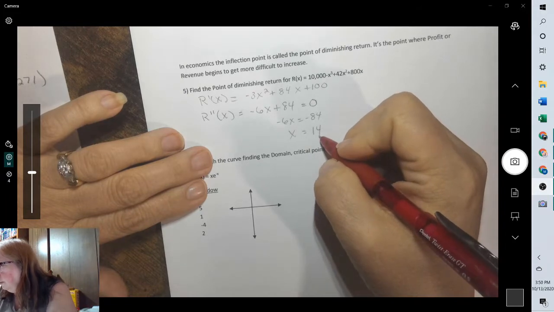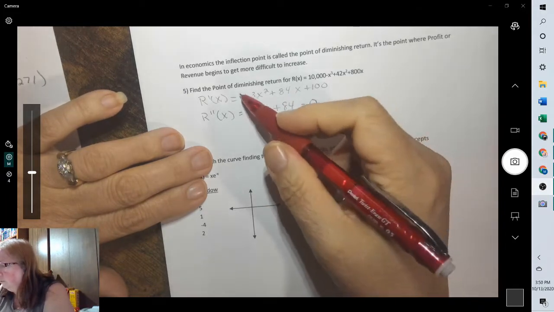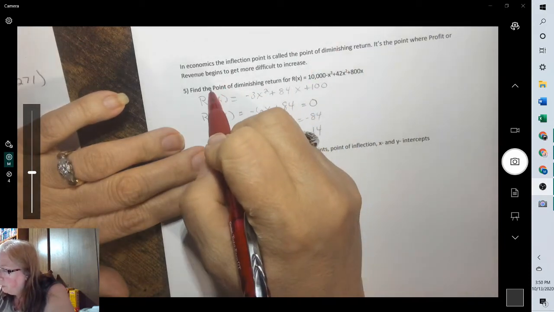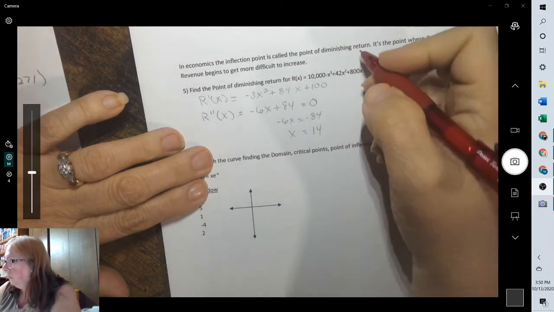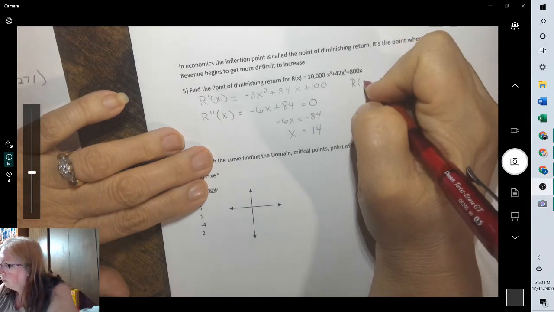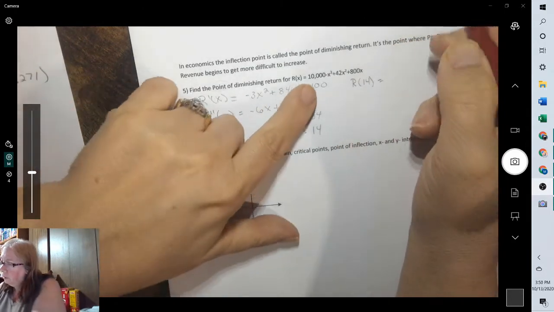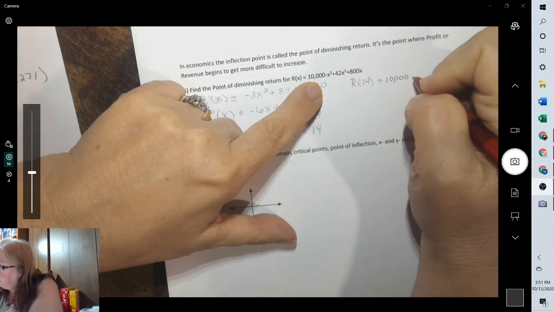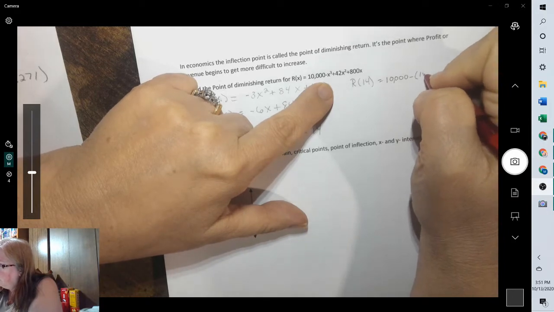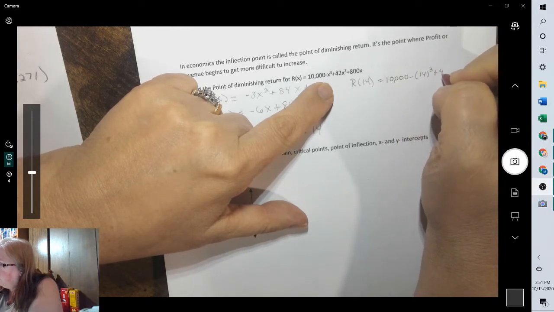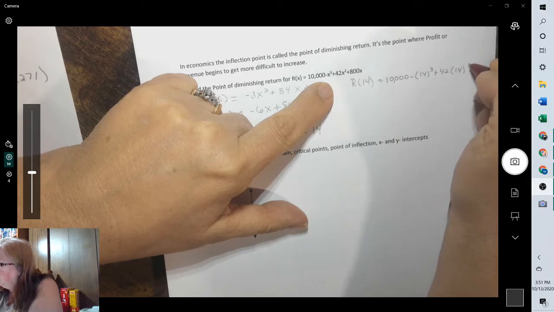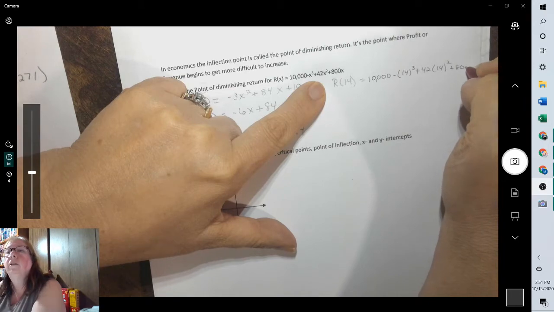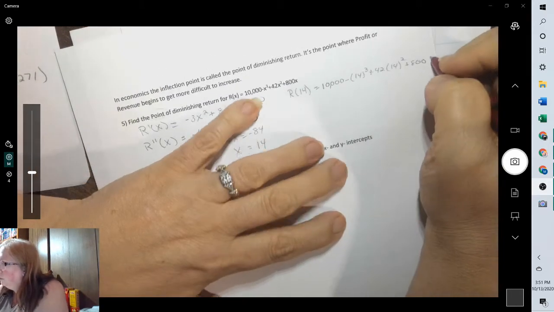So 14 is the quantity for the point of diminishing return, but you still need the point. You need the y value. To find it, you plug it into the original, which was 10,000 minus 14 cubed plus 42 times 14 squared plus 800 times 14.